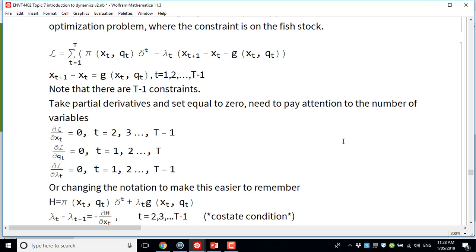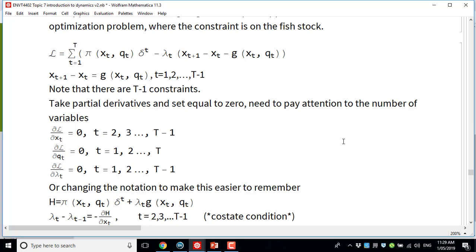Again, we've really just got one type of constraint, which is simply that you can't catch fish that you don't have. So it's just saying that the catch of fish and this profit relationship is governed by the fishery growth function.